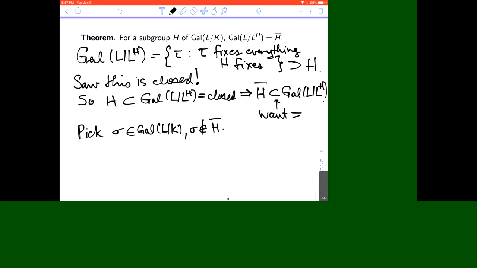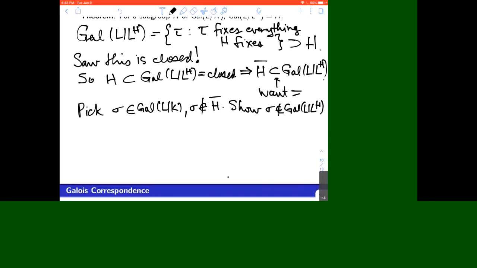Okay, and I'm going to show it's not in that group either, and so therefore there's nothing in the right side that's not in the left side.